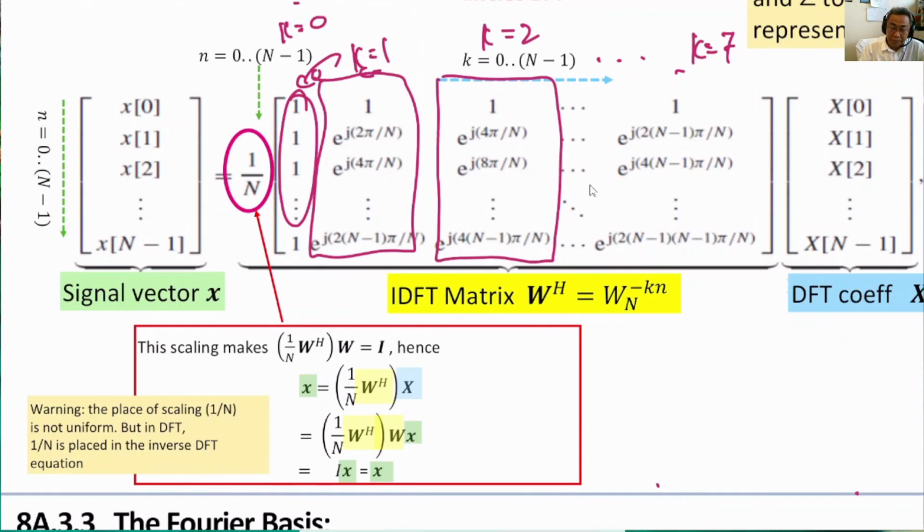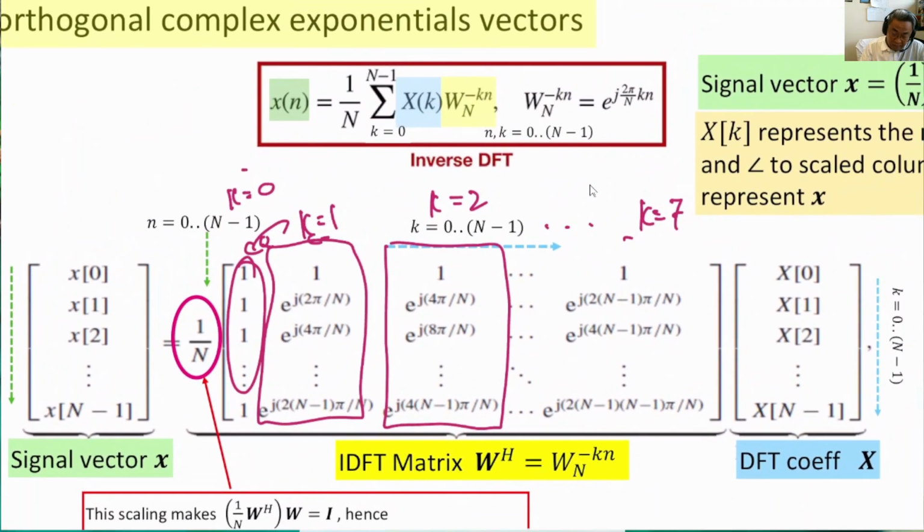And now we can interpret the W^H matrix. The W^H matrix consists of complex exponentials rotating at different harmonics. This is the 0 harmonic, first harmonic, second harmonic, up to the N minus 1 harmonic.